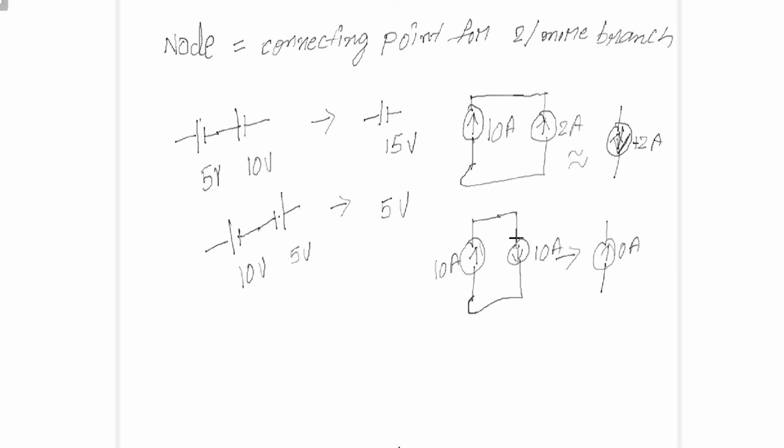If they are in opposite direction, then we need to subtract. For voltage sources, if same polarities are connected together, then we have to do subtraction. If opposite polarities are connected alternately, then we need to go for addition. So this one is very important for your nodal analysis.